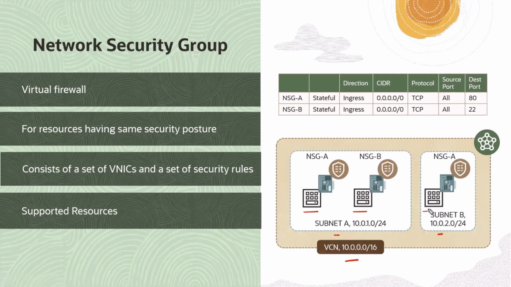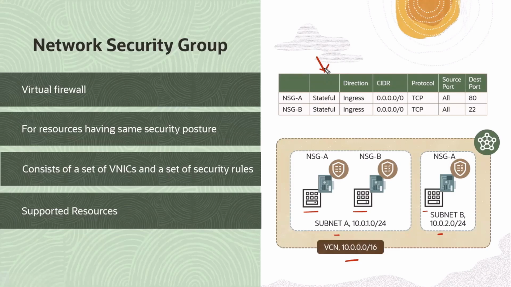And we have a total of 2 network security groups, the rules for which you can see in this particular table. So for network security group A, we have created a stateful rule. The direction is ingress. So the source is basically 0.0.0.0/0, that means internet. The protocol is TCP and the destination port is 80.